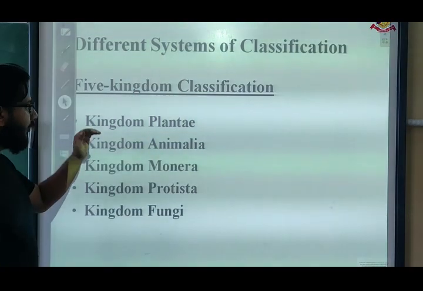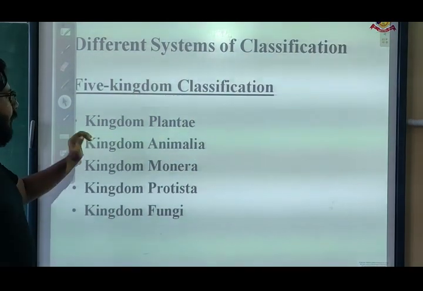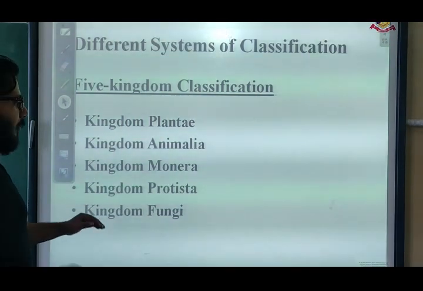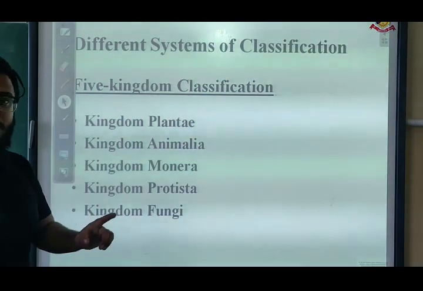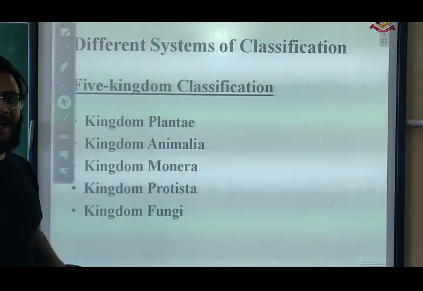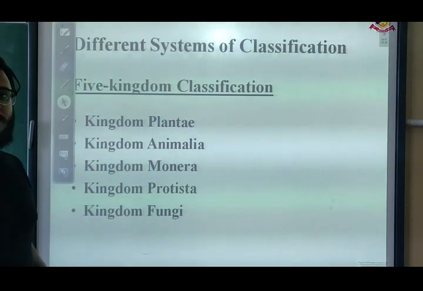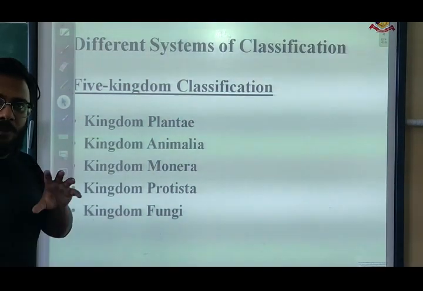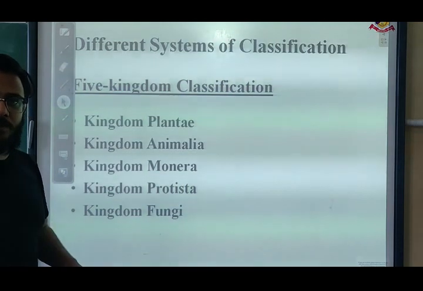These are the 5 kingdoms. First one is kingdom Plantae, plants, kingdom Animalia, animals, kingdom Monera, single cellular organisms without nucleus like bacteria, kingdom Protista, single cellular organisms with nucleus, with the genetic code inside the nucleus.